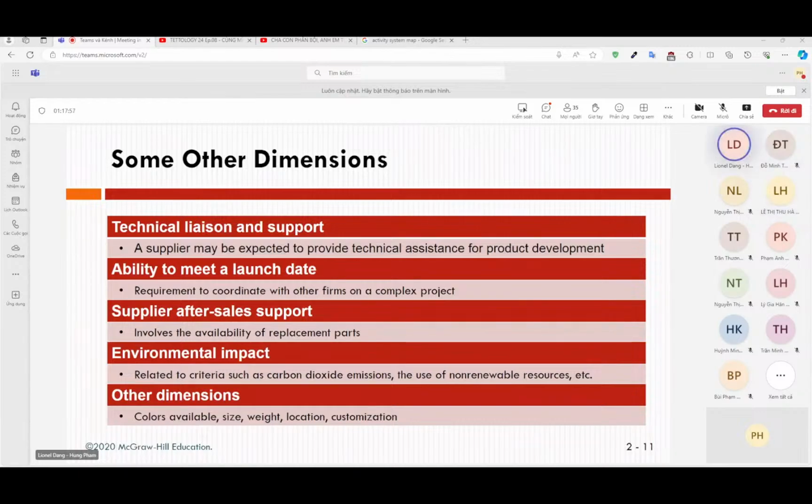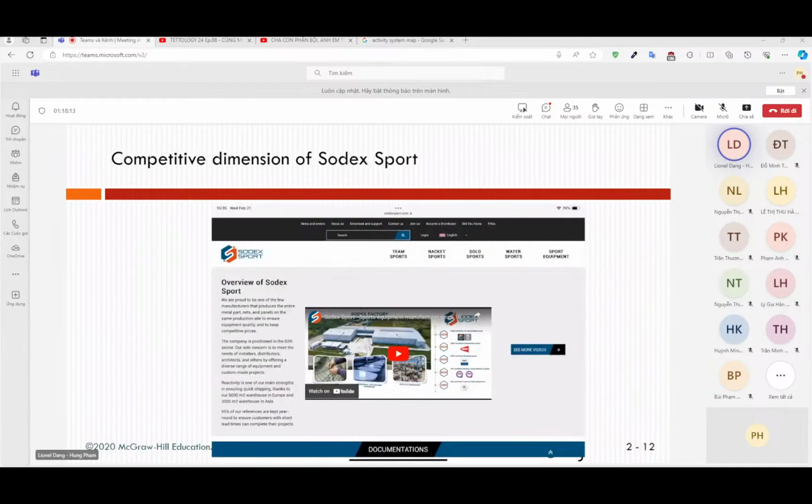Yeah, okay. You're talking about the after sales support, right? Okay. So basically we use those dimensions to analyze our business. So the same thing.